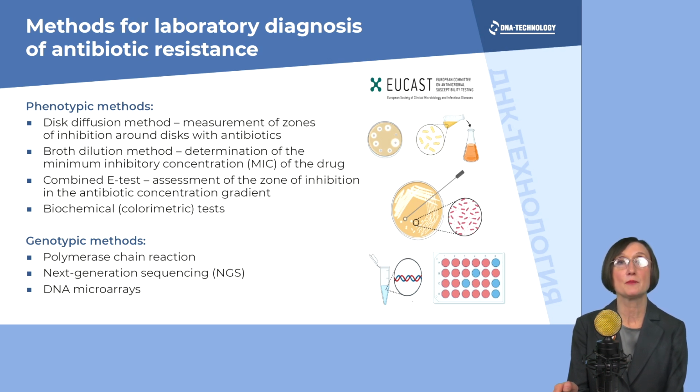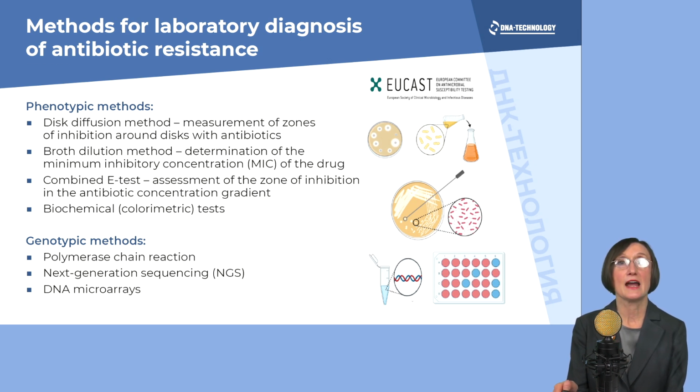The phenotypic methods have several limitations, such as strict requirement for pre-analytical stage and their time and labor-consuming nature. On top, we can observe false negative and false positive results that do not correspond with in vivo effectiveness. In contrast, the genotypic methods allow us to detect the origin of antibiotic resistance, even dormant resistance genes in the bacterial genome.